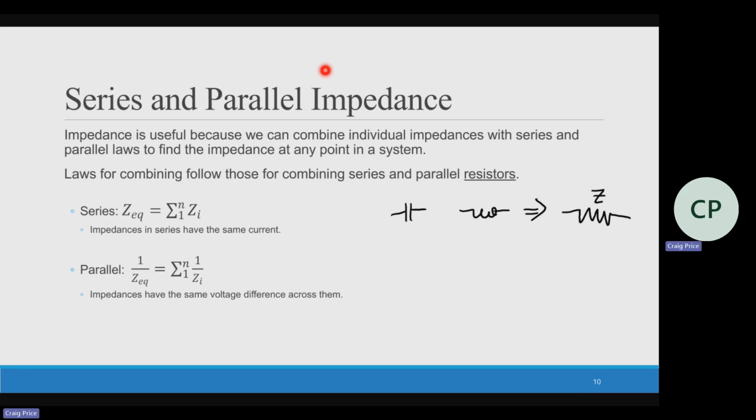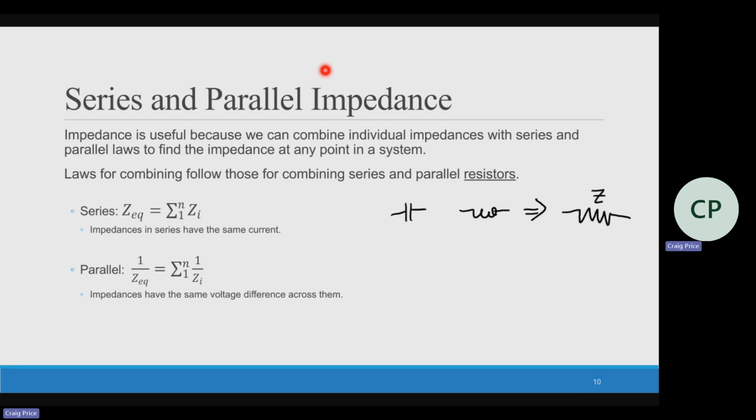So we still have the same KVL, KCL. Those laws all still work, and for some problems you have to use them. This can be a little bit faster for some applications, but if you don't feel comfortable with it, I'm not going to make you ever do this. It's just option number 2. Does that make sense? Just making sure people are listening.